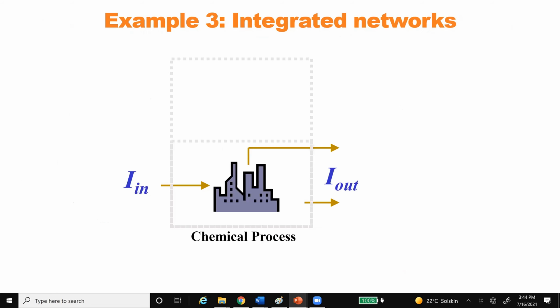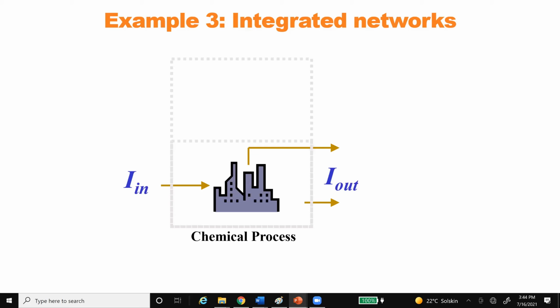Then the question of integrated networks. We talked about that we have a process and we have a boundary, and the process will give us chemicals, and it will also impact the environment because there will be CO2 coming out directly.